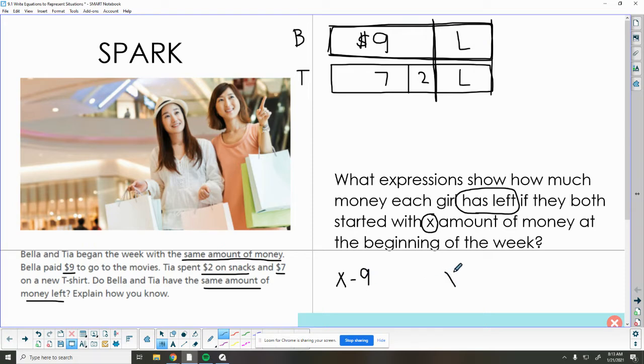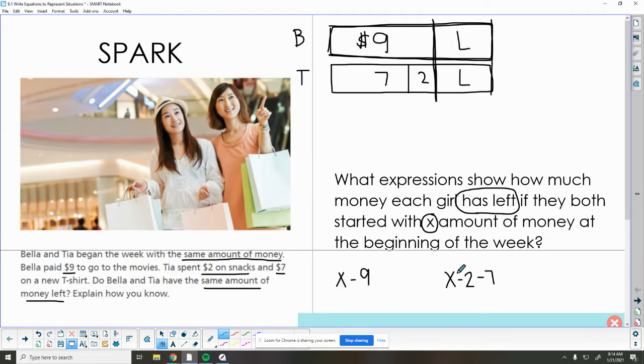And on this one, we start with Tia. This is what she has. She started with X. Then she spent $2 on snacks. We want to minus $2. And then she spent $7 on the shirt. We want to minus 7. So we can see now minus 2 minus 7 is actually minus 9.